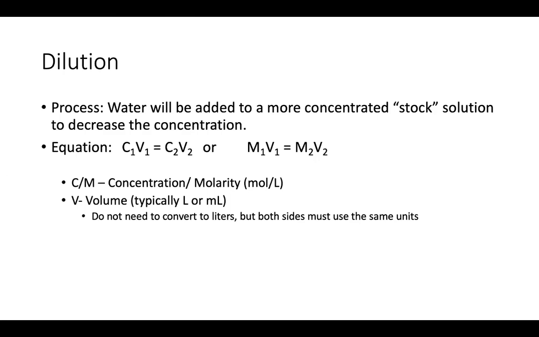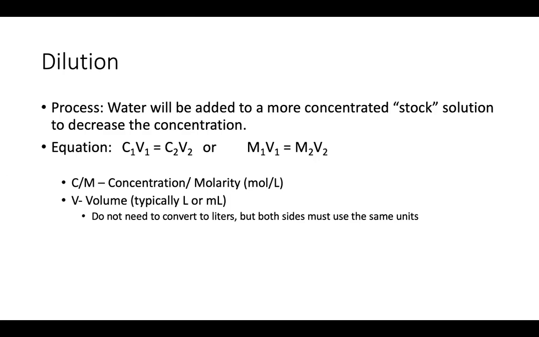And molarity, that big M, is typically how we see concentration reported, in moles per liter. So if you have a stock solution, which is your concentrated solution, that's going to be your C1 or M1, and the more dilute version is going to be your C2 or M2.